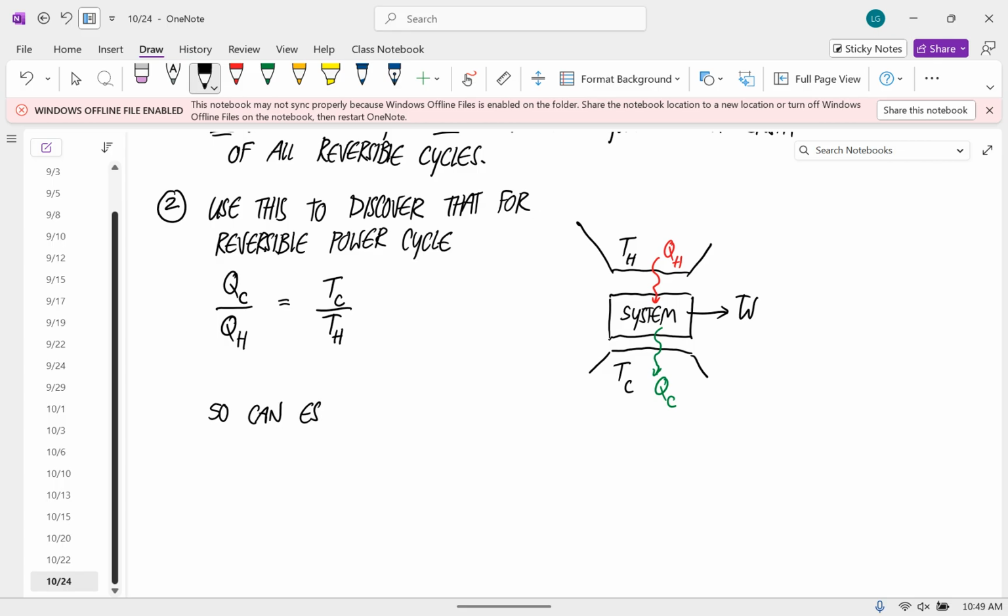We can establish ideal performance just from the temperatures at the reservoirs.